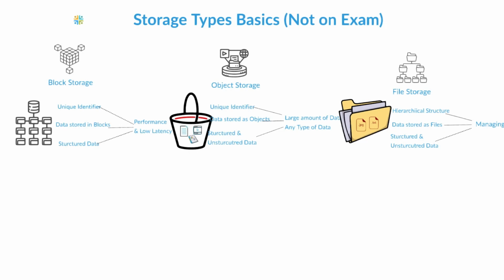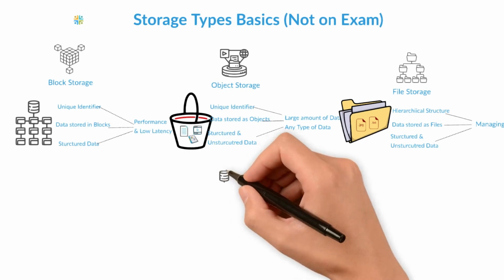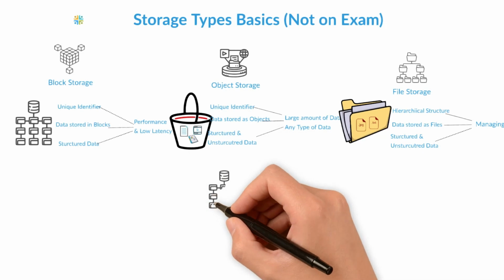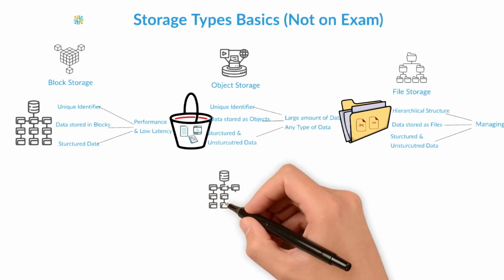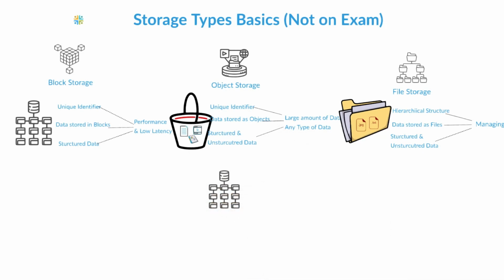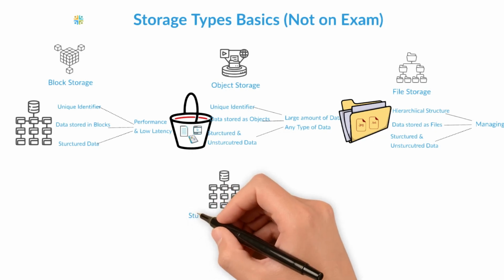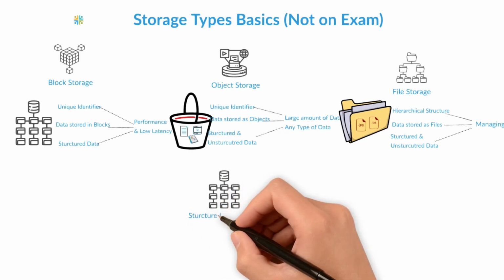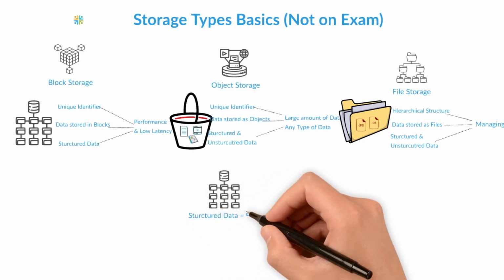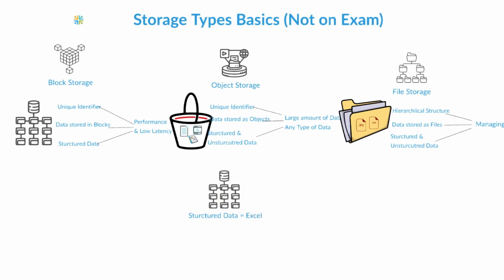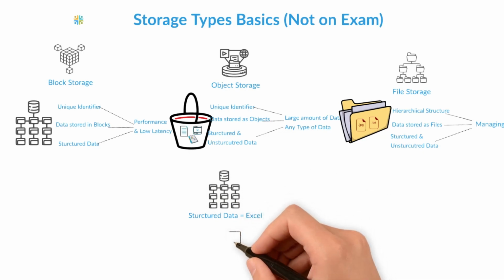Okay, so what is structured and unstructured data? When you think about structured data, think about an Excel spreadsheet with rows and columns. Some applications are developed to write and read this type of data very well. This type of data has been used widely across the industry for years.